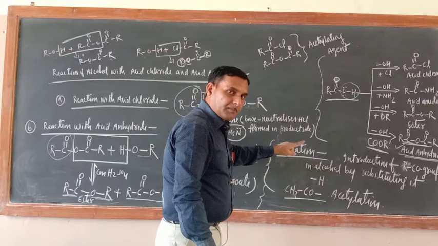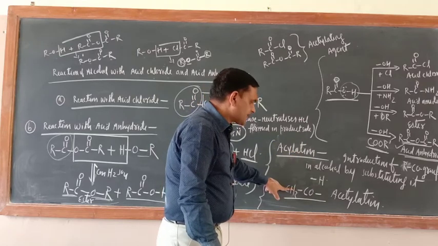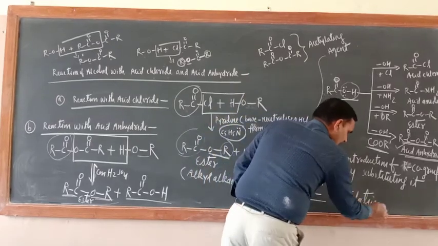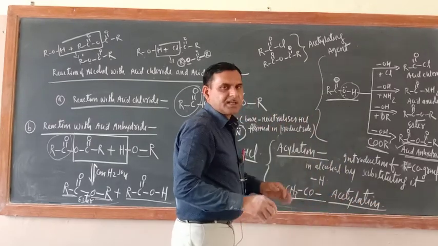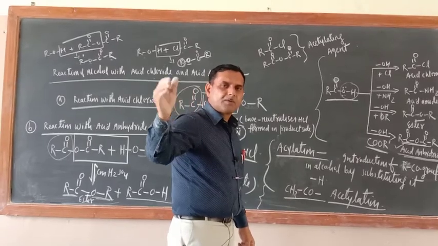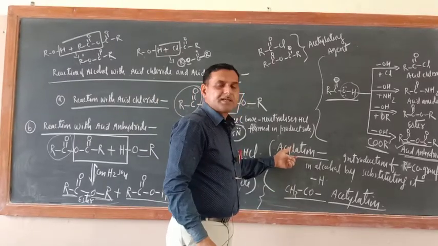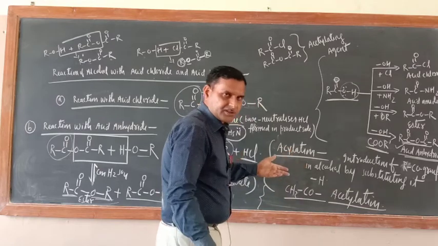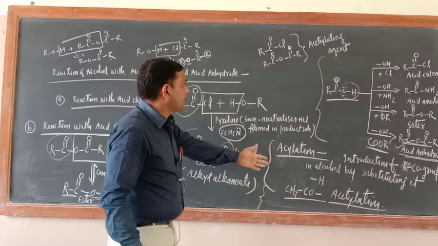Now if in place of R you write CH3, that would be named acetylation. Just like R is an alkyl group and the individual members are methyl, ethyl, propyl. So RCO means acylation, CH3CO means acetylation. This should also be noted down.